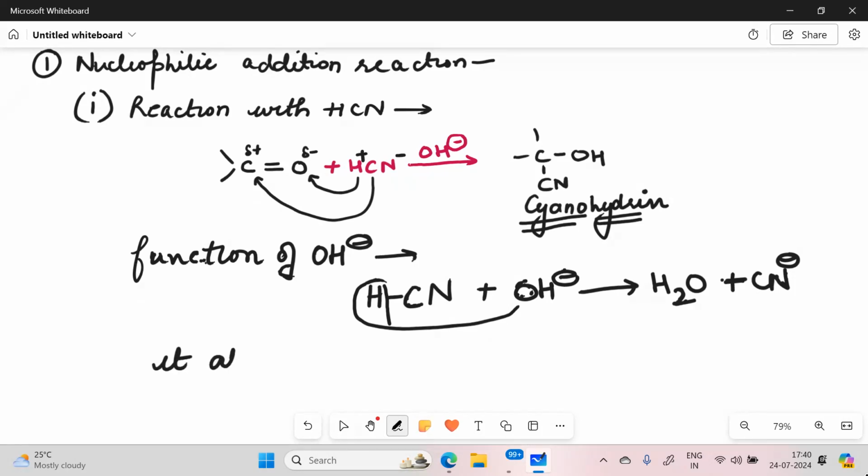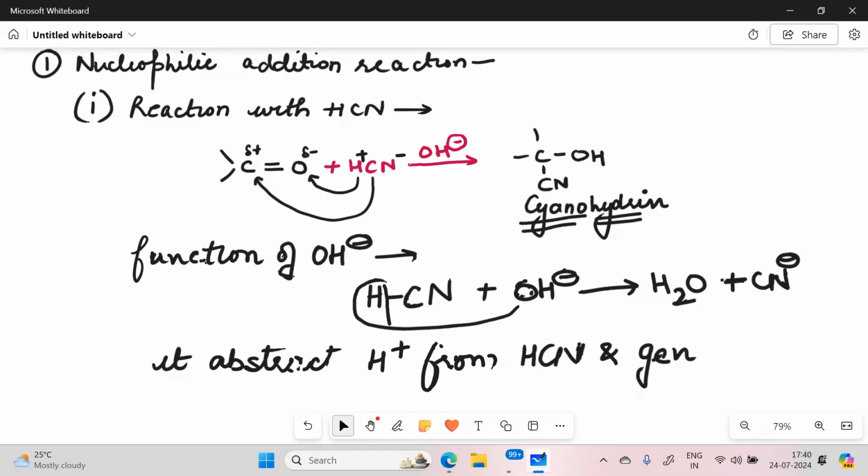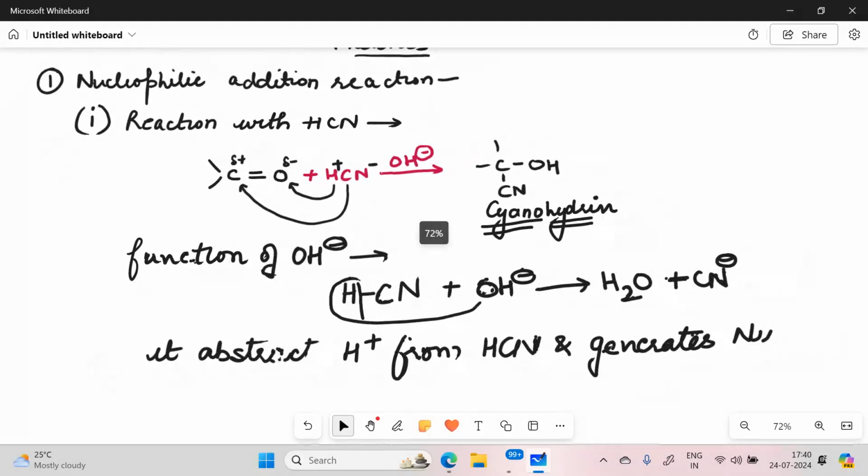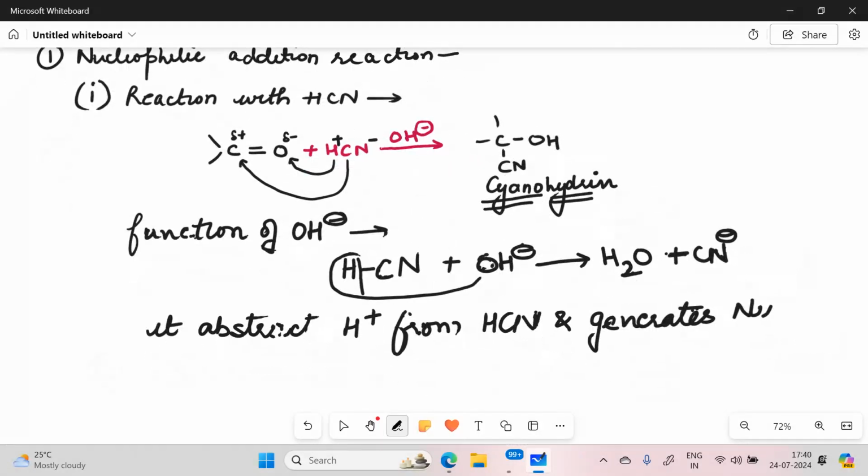So what is the function of OH minus? It abstracts H plus from HCN and generates nucleophile, hence catalyzes the reaction.